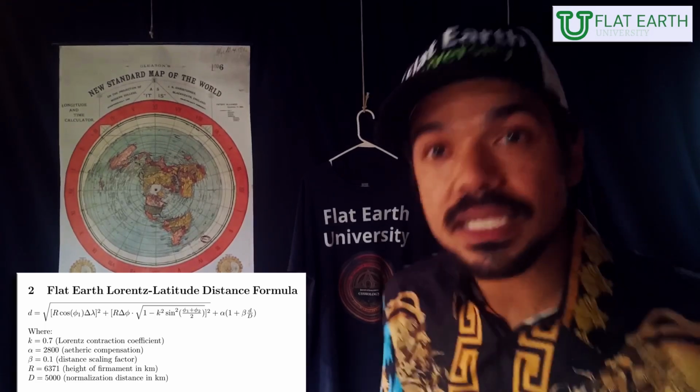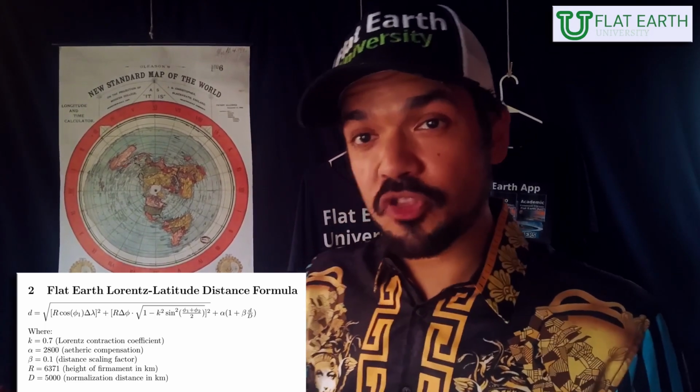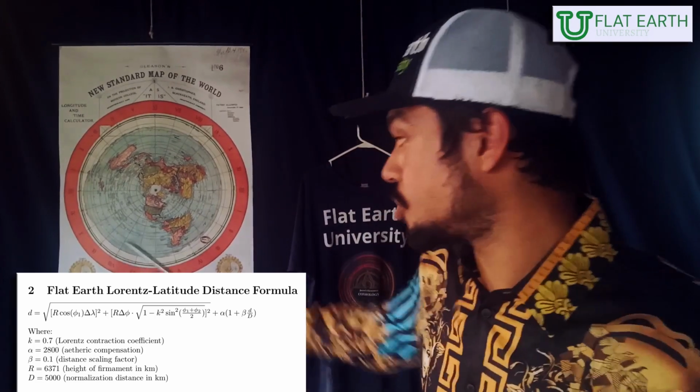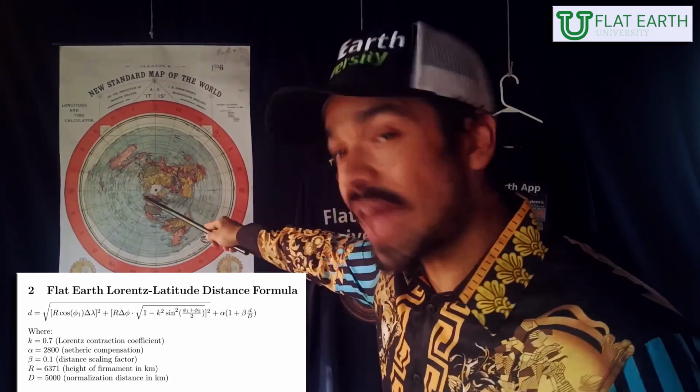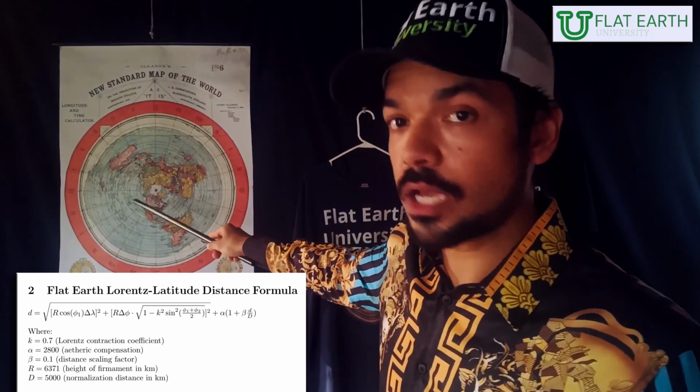What that means is, let's say you're at latitude 30 north, that is going to look smaller than latitude 30 south. Latitude 30 south down here is going to look bigger than latitude 30 north up here.